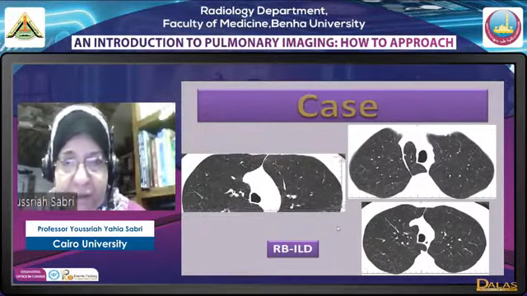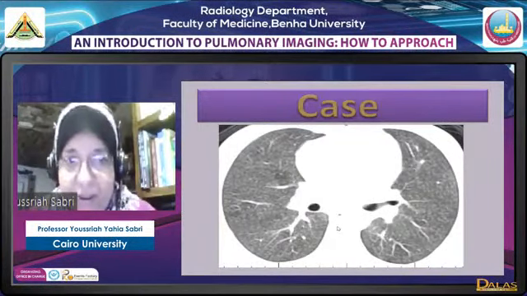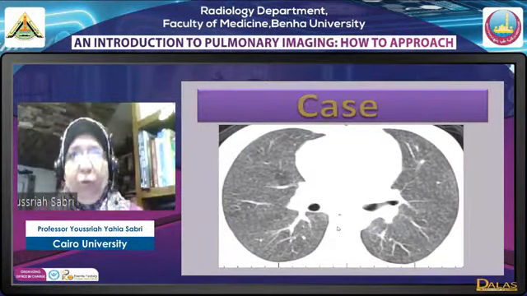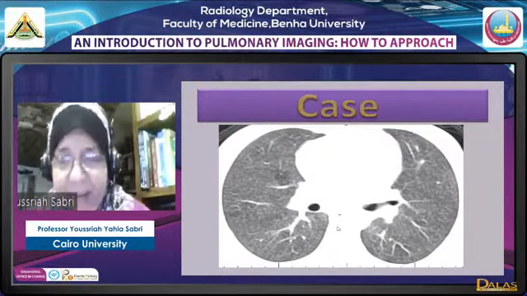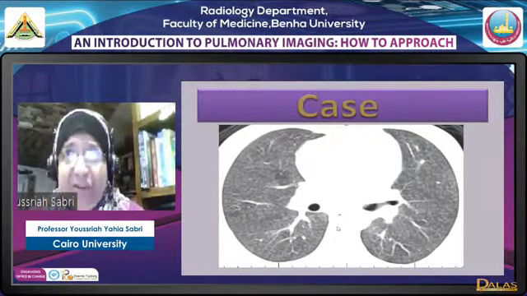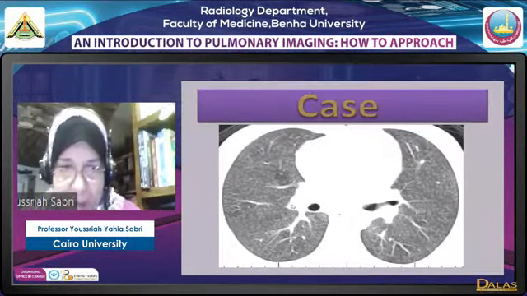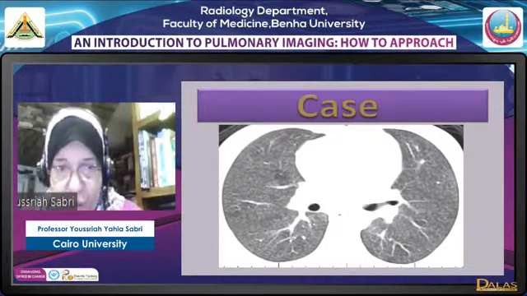Another appearance of centrilobular nodules you see here. Numerous centrilobular nodules that will make us mistake them for the miliary pattern. How can we differentiate? I'll tell you now. For the miliary pattern, we use the word random nodules. In centrilobular nodules that are numerous like this, you can see the fissure as a hyperlucency.